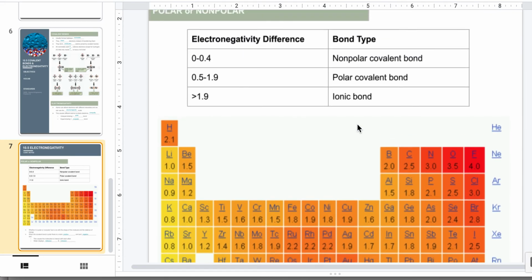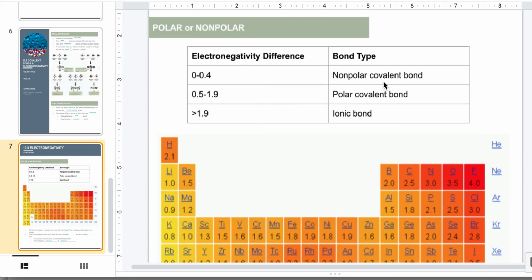Okay, so what we can do is determine the type of bond occurring in a covalent bond, whether it's nonpolar or polar, based on the difference in their electronegativity. So we would take the two numbers and subtract them and determine if they fall in this range, 0 to 0.4, which is a nonpolar covalent bond, or from 0.5 to 1.9, which would be a polar covalent bond.